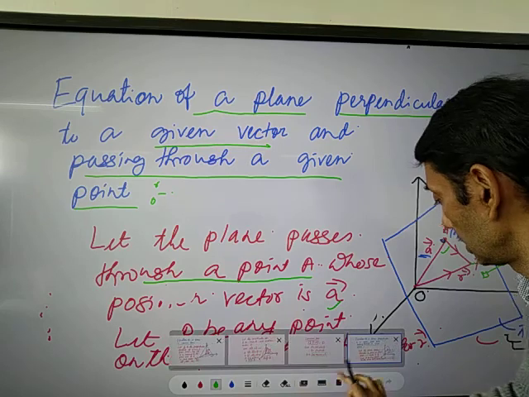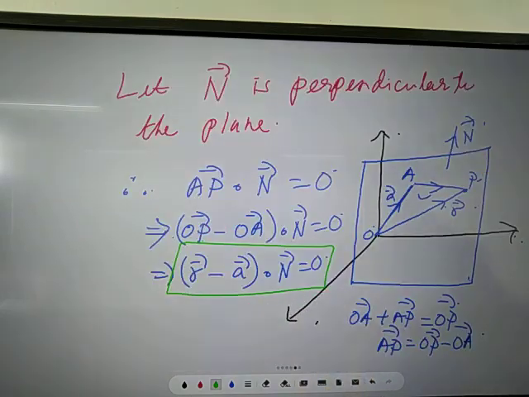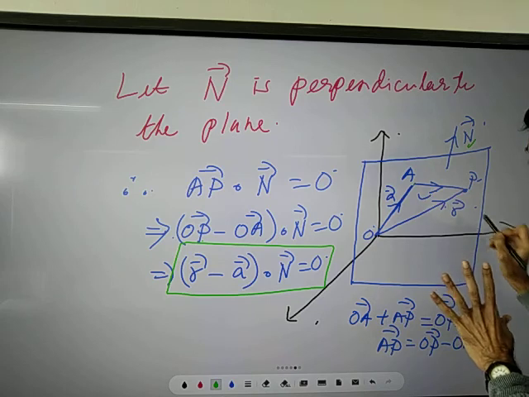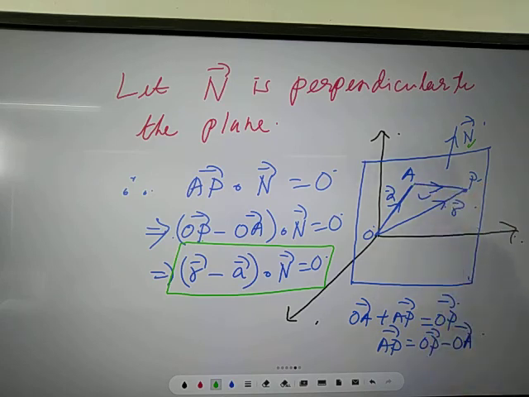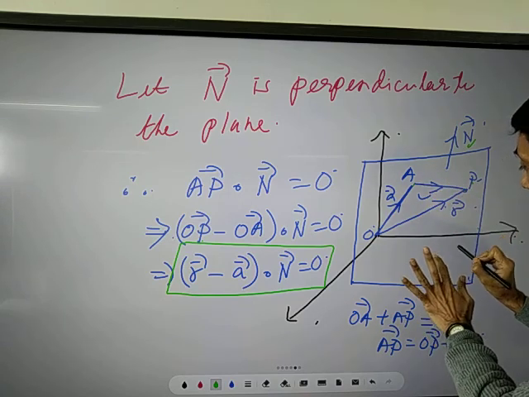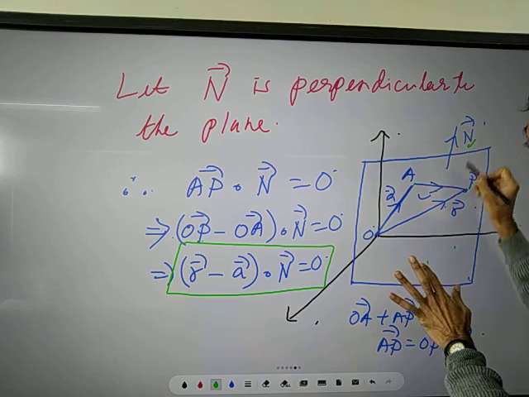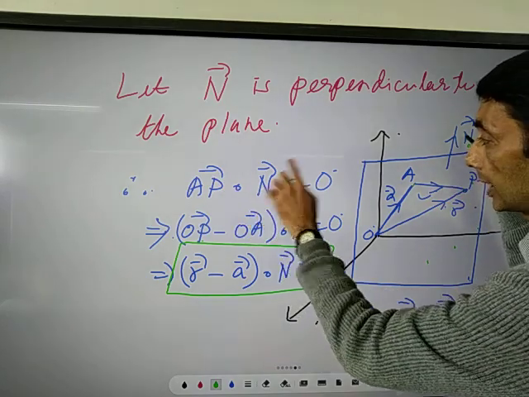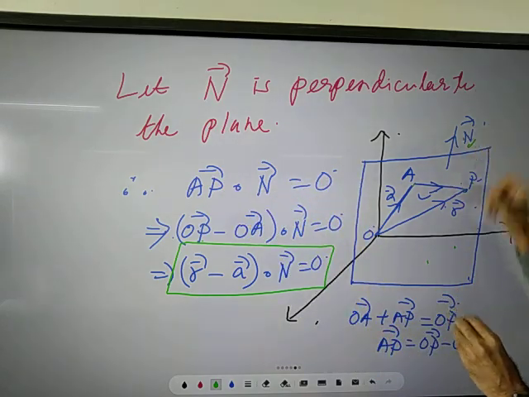So let's move to the next page. Let n be perpendicular to the plane. Now A is a point, and the plane passes through the point A. Now we are taking a point P. In case P lies on this plane, AP will be lying on this plane, and therefore AP dot n will be equal to 0 because AP will be perpendicular to n.